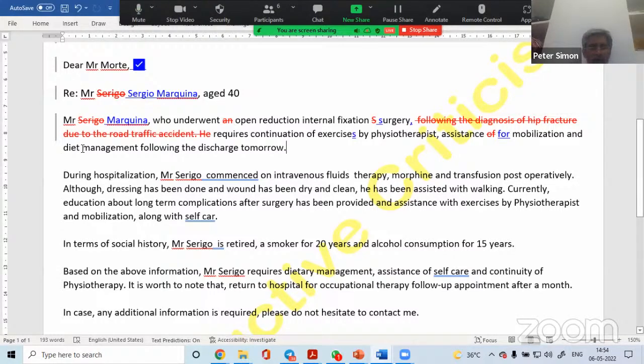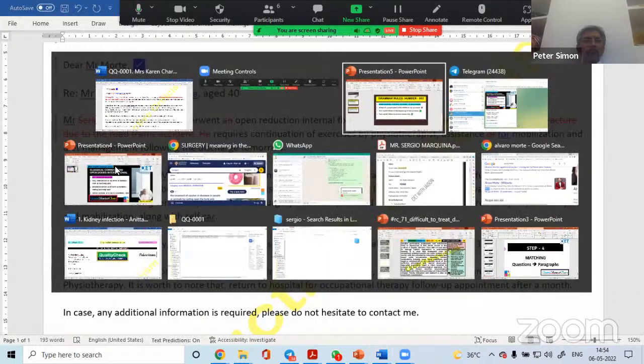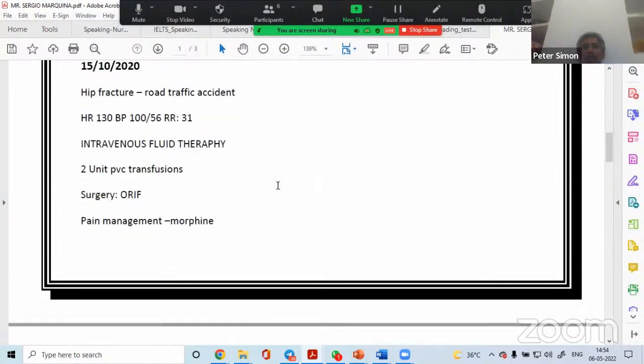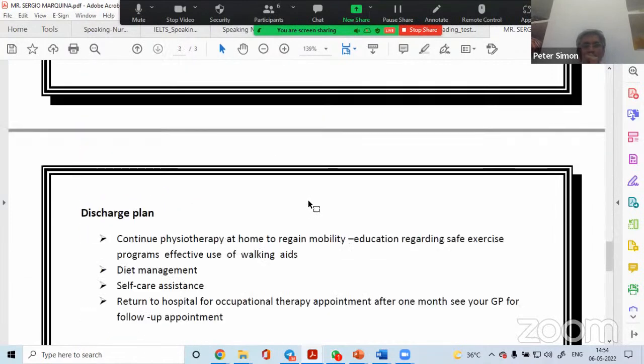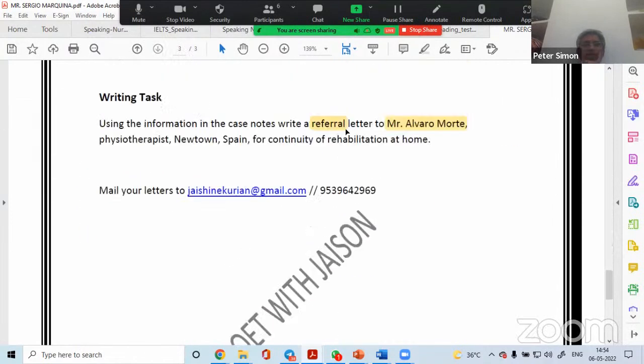You can say dietary management or diet management. That's not a problem. Following the discharge tomorrow. Following the discharge back home. Is he going back home? Is he going home? You check here. Okay, rehabilitation at home.